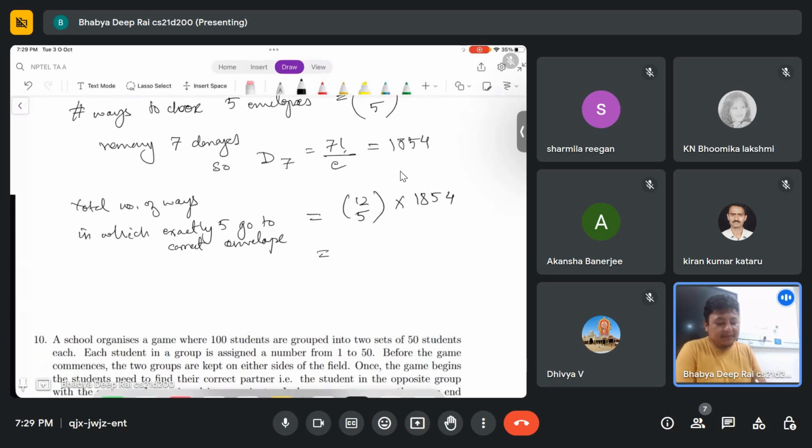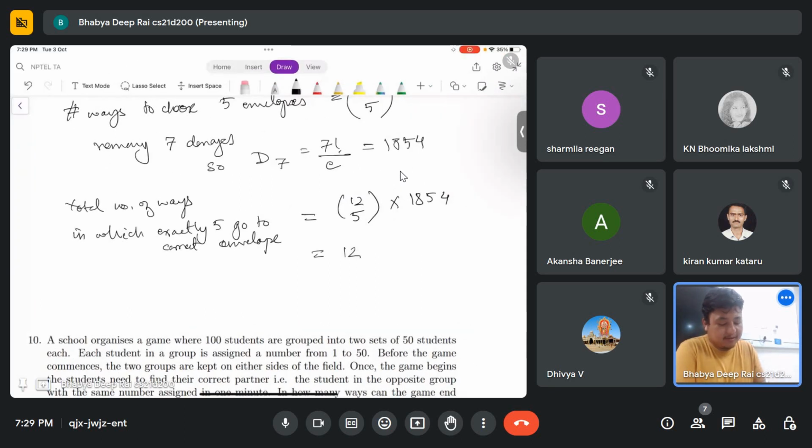12 choose 5 is something like 12, 11, 10, 9, 8 divided by 5, 4, 3, 2, 1. So 4 times 3 is 12 and 5 times 2 is 10.